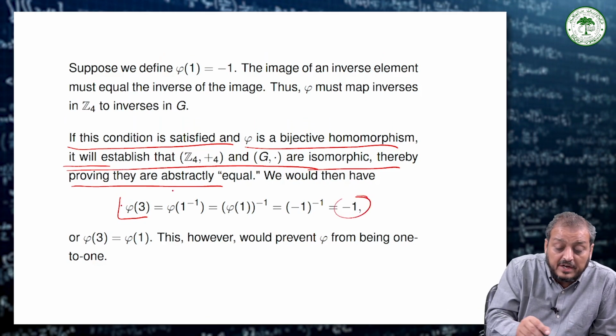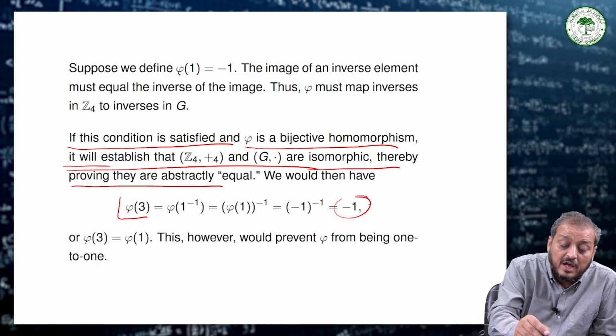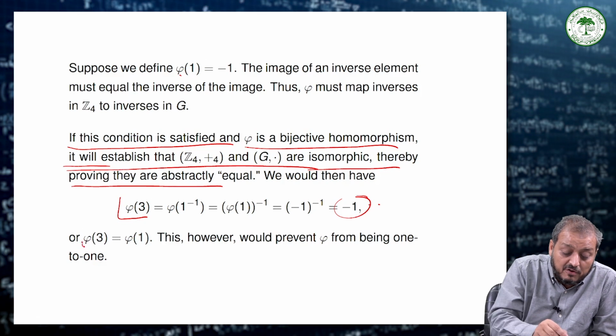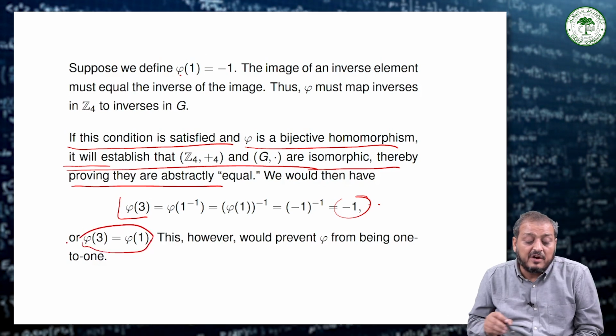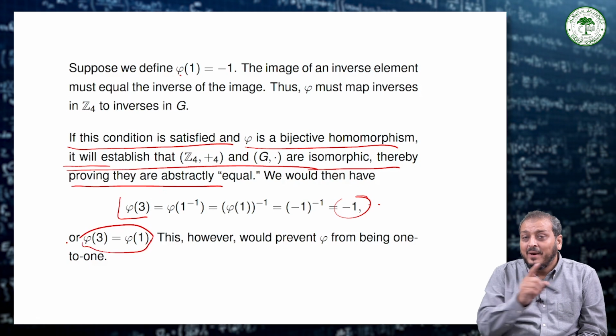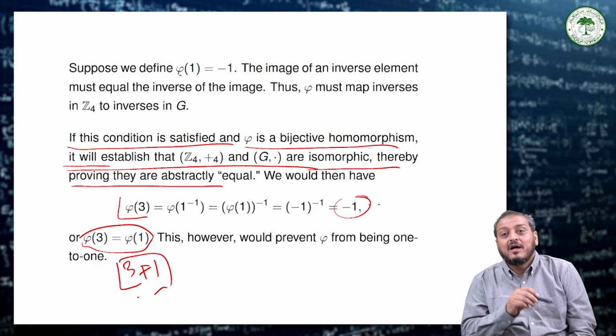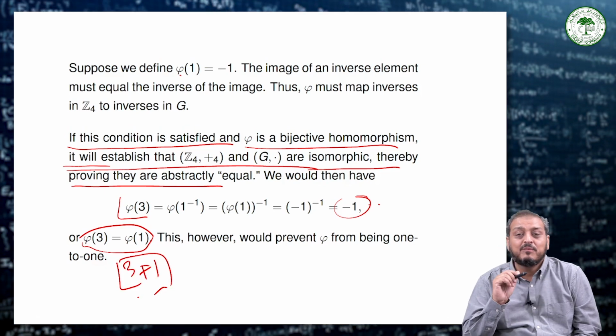So phi of 3 is -1 and phi of 1 is -1. That means phi of 3 and phi of 1 are the same, but 3 is not equal to 1. This contradicts our condition.